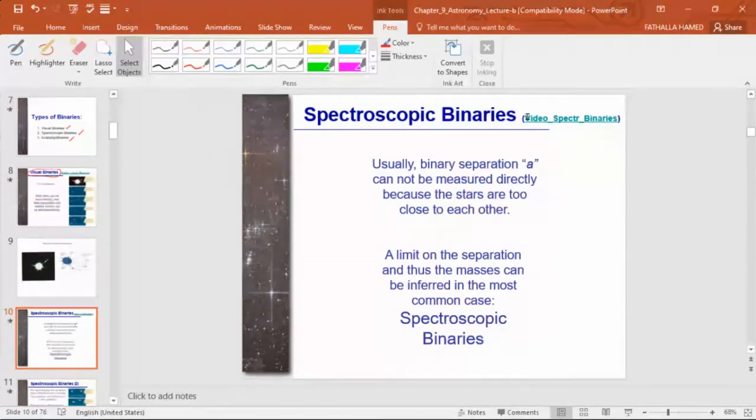So these are not visual, so we cannot see them visually. But what we can do is use spectroscopy to learn that what we are looking at is a binary star. The separation between both of them cannot be measured directly because the stars are close to each other.